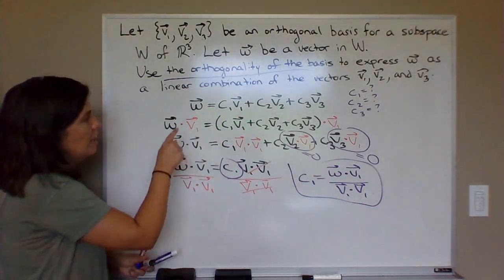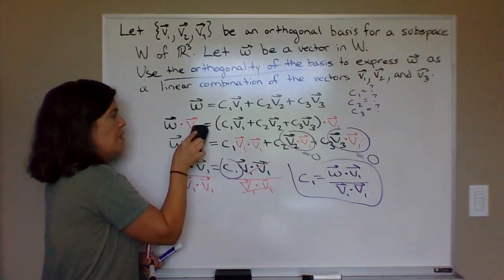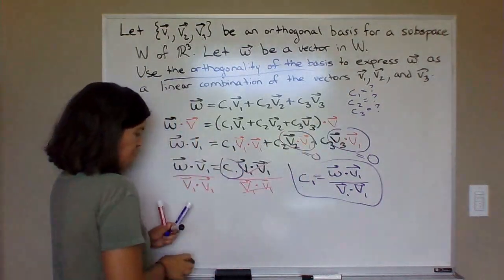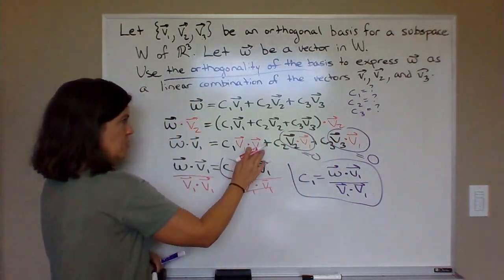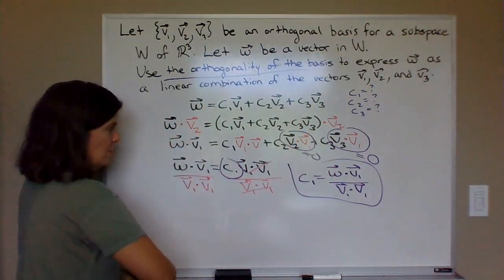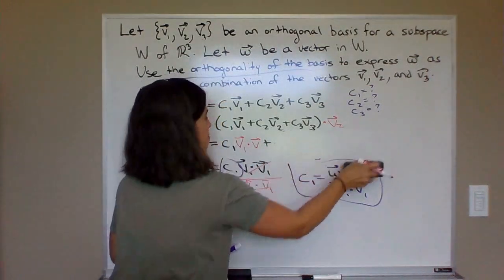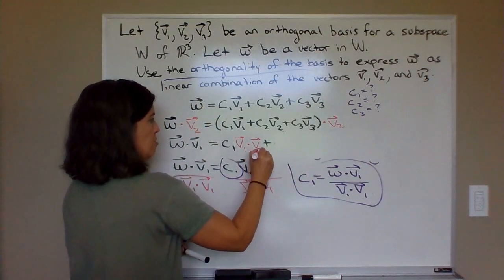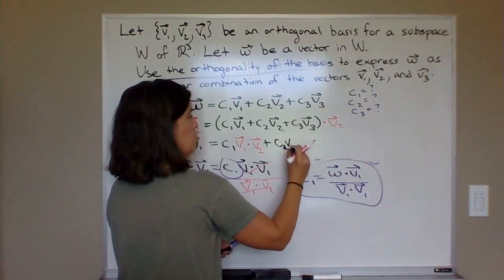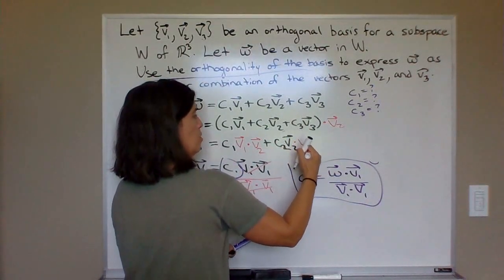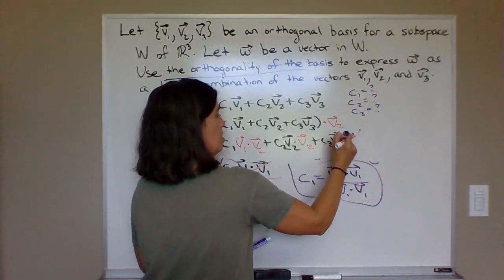If we did this same thing, I don't want to rewrite all of it because it's going to be very, very similar. We do the same thing, but we take the inner product of both sides with V2. Then again, we would distribute. This part I might have to rewrite. So this will be w dot V2 here, and then this will be C2 V2 dot V2, and then plus C3 V3 dot V2.